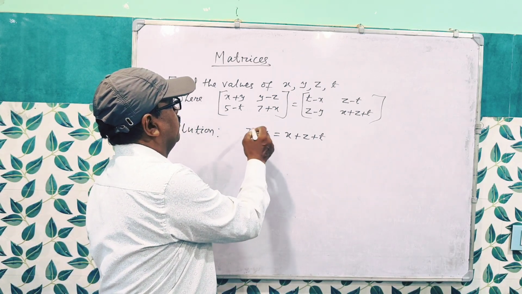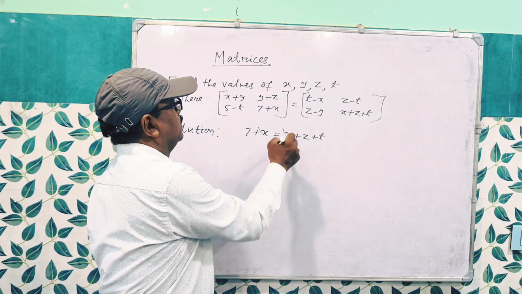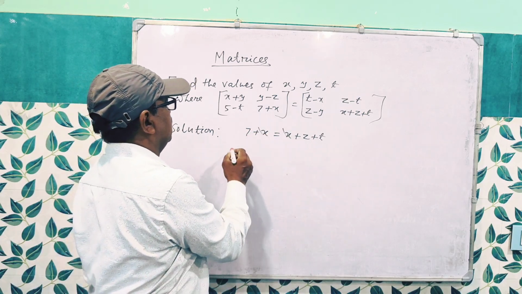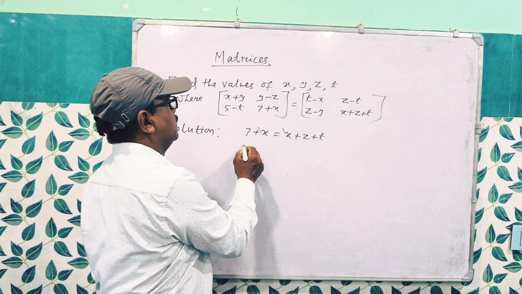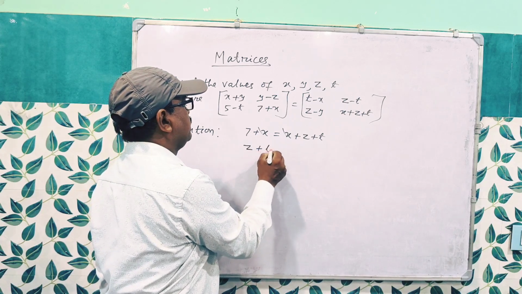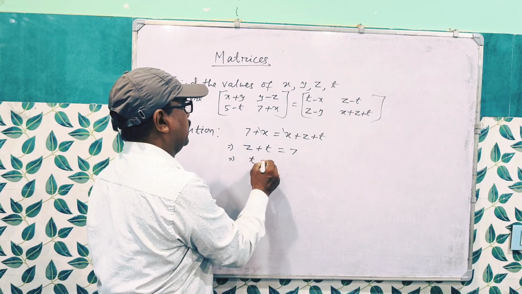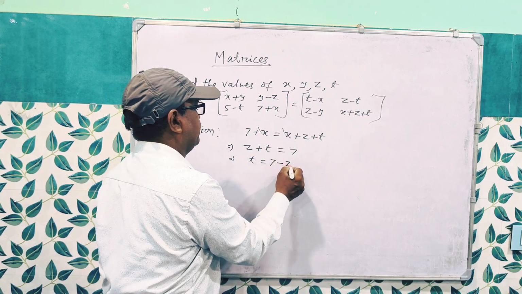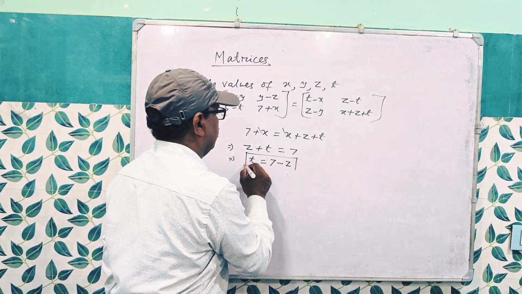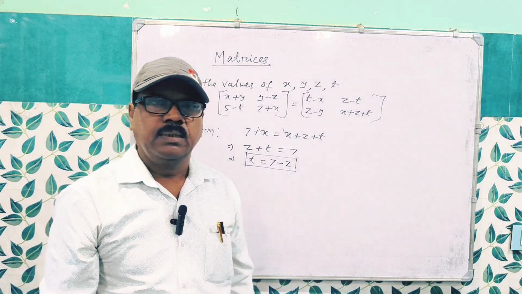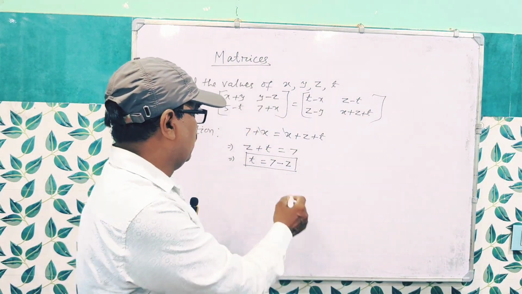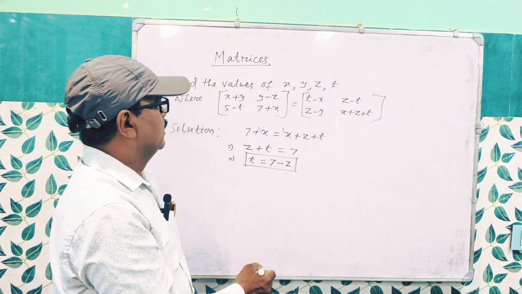So by cancelling x in both the sides, we have z plus t is equal to 7. This implies t is equal to 7 minus z. Clear? I mean, the value of t is 7 minus z.